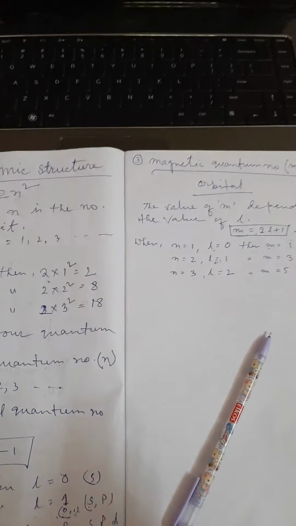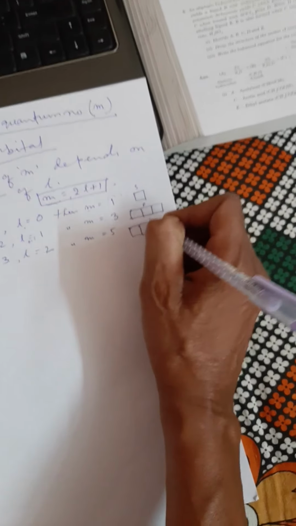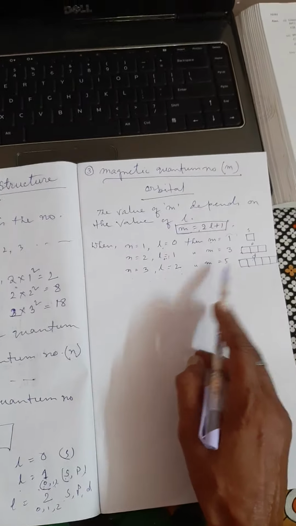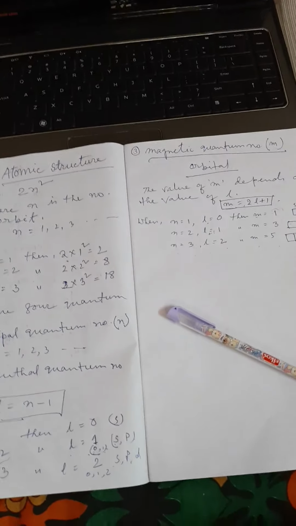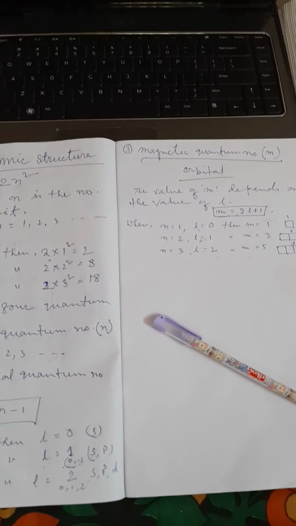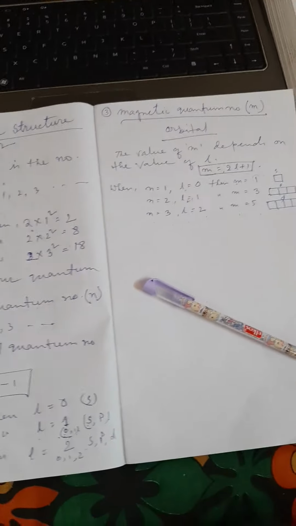D subshell. Okay, it is S, P, D subshell. Similarly, you can easily conclude that when n equal to 4, then l equal to 3, it will be 7 orbitals, subshell F. F subshell can hold a maximum of 14 electrons.